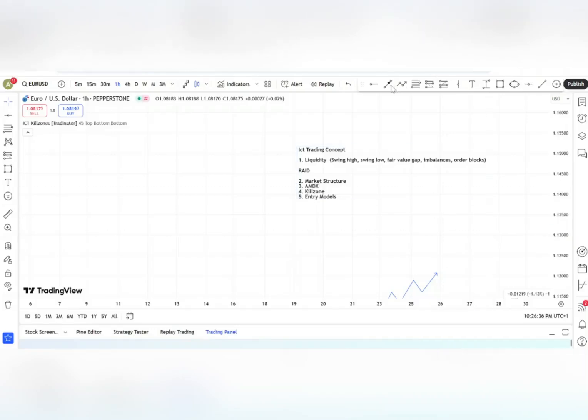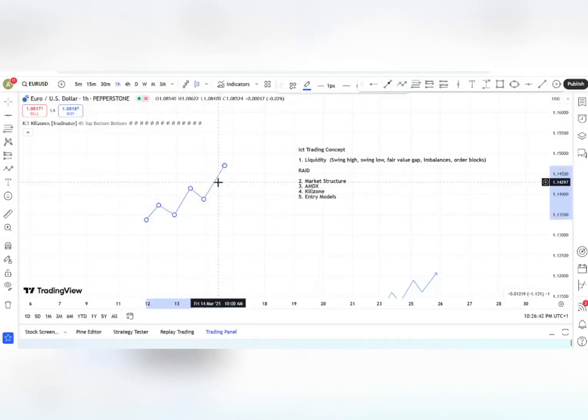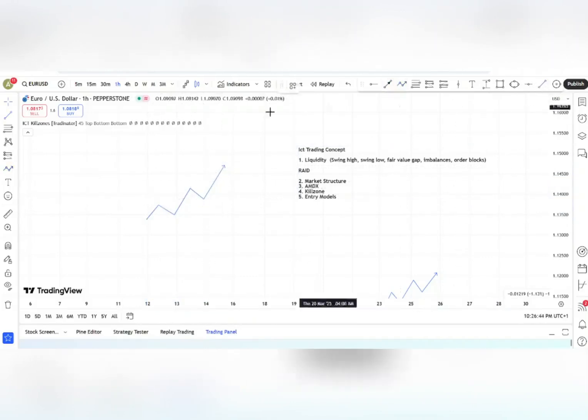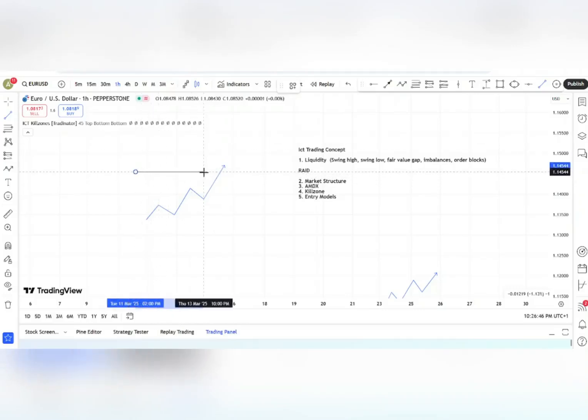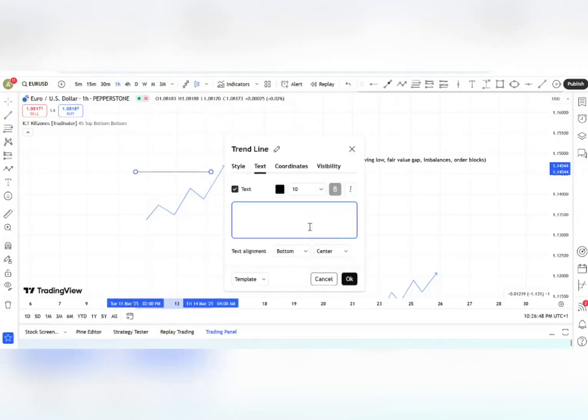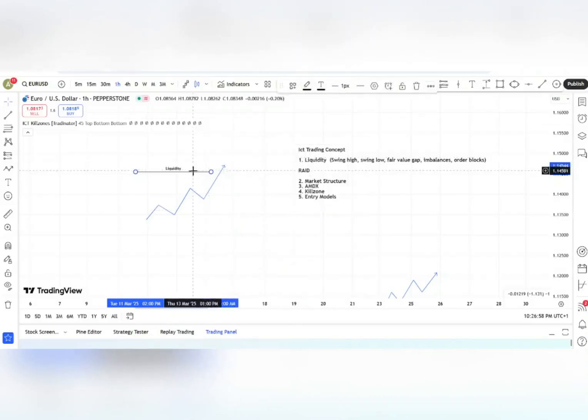If a market is buying, it is assumed that there is a liquidity it is heading to go and get. So we can call this liquidity. If the market is buying, there is a buy side liquidity it is going to raid.